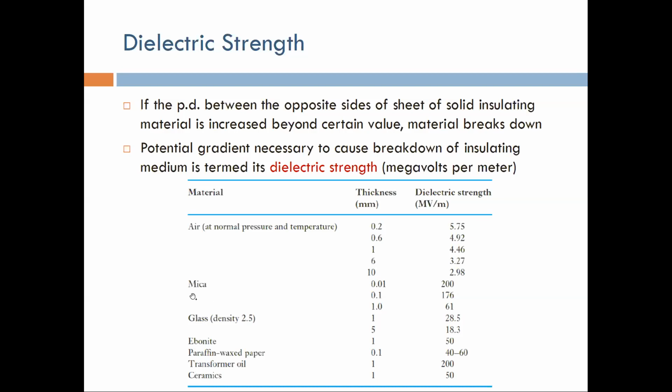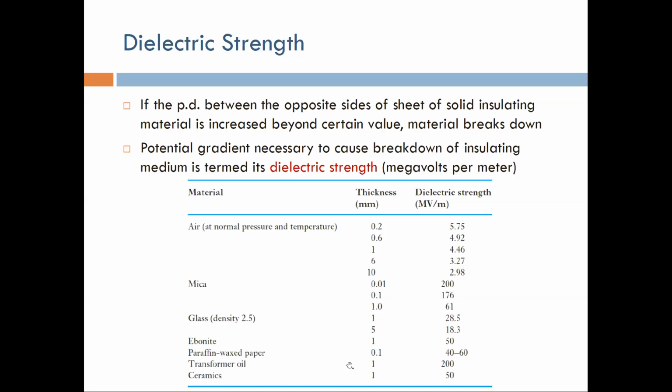If you go to mica, as we saw before, some types of capacitors are called mica capacitors. Mica is the type of dielectric that is used in this particular type of capacitor. For mica, you have a little bit more, about 200. So you can have much smaller thickness, and you can manufacture capacitors with much higher values if you use mica.